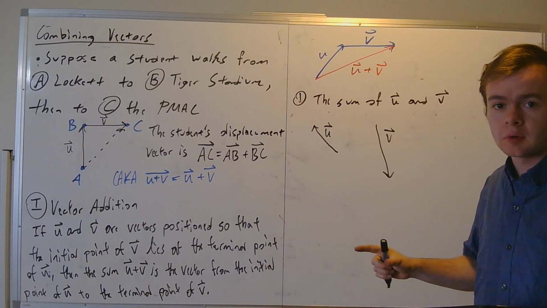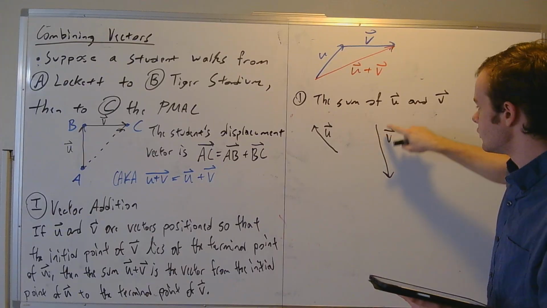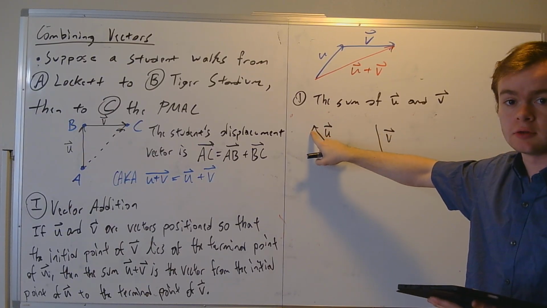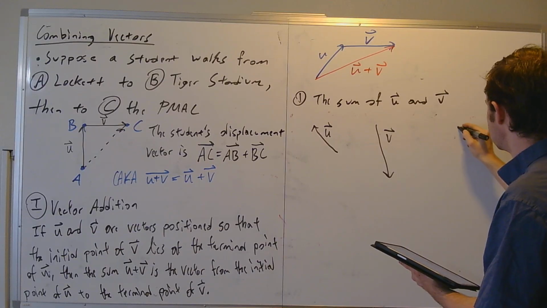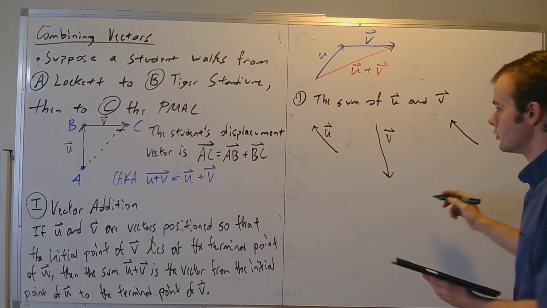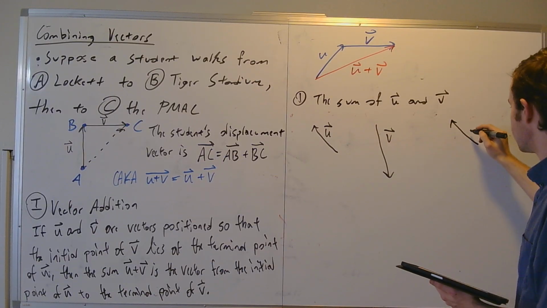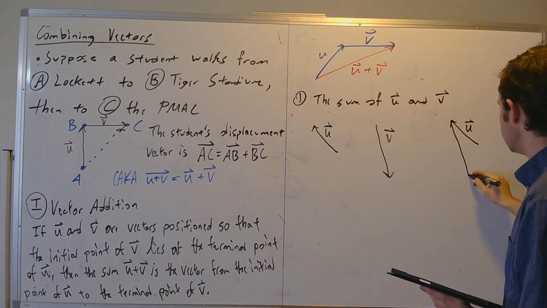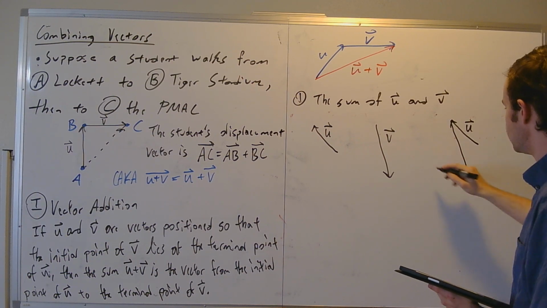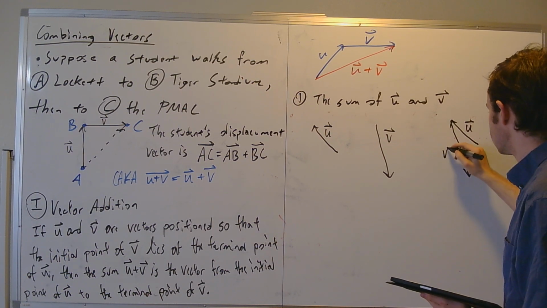Remember, the way we add these is by first picking the vector u and sticking the other vector onto the end of it. So we take our u, and I just redraw the vector with the same direction and the same magnitude, and I'll redraw the vector v right here, with the same direction and the same length as our original vector v.